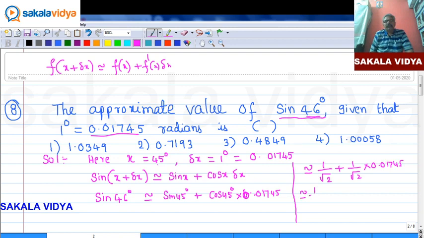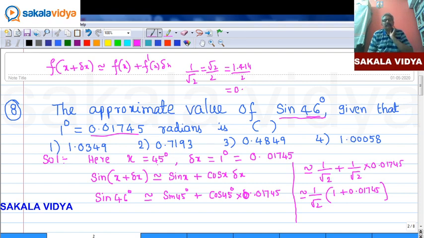So 1 by root 2 you take common: 1 plus 0.01745. Now let us find 1 by root 2 approximate value. Rationalizing, it is root 2 by 2, root 2 is 1.414 by 2, which is 0.707. So this equals 0.707 multiplied by 1.01745. This gives us our answer.